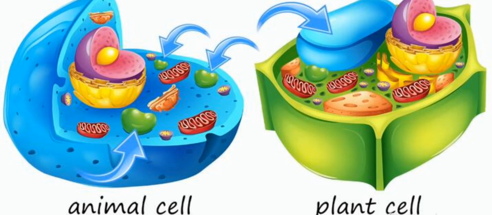Well, vacuoles are called the storehouse of the cell because a vacuole stores water, food, mineral salts, nutrients, waste products, etc. The size of vacuoles may vary in different organisms. For example, in animal cells there are many smaller vacuoles, while in plant cells there is only one large vacuole.